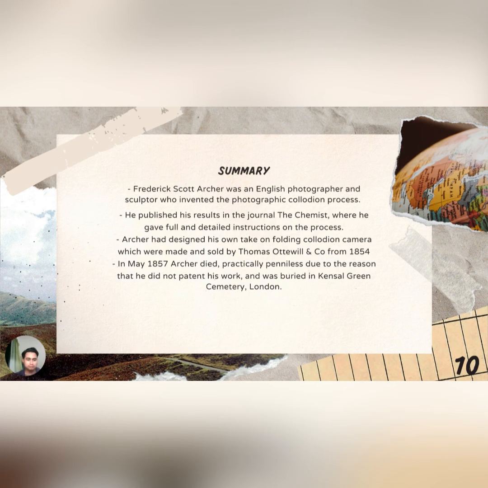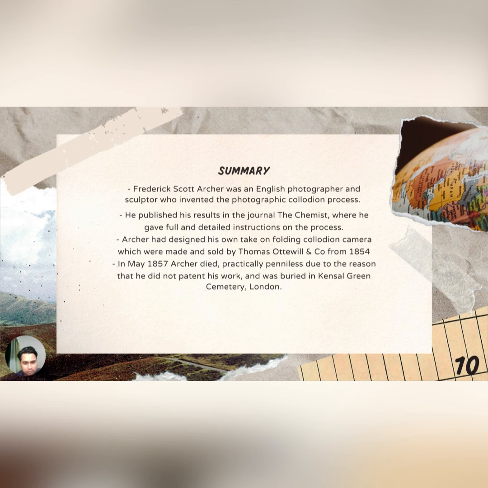Okay, the last one, summary. Frederick Archer was an English photographer and sculptor who invented the photographic collodion process. He published his results in the journal The Chemist, where he gave full and detailed instructions of the process.